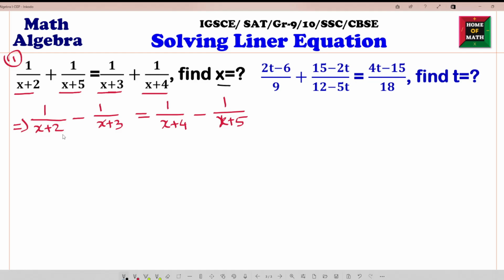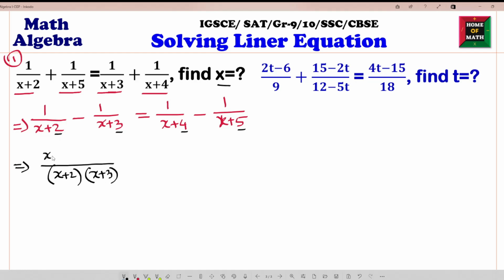Look, here is 2 and here is 3, here is 4, here is 5. We are just maintaining serial. You will understand a few moments later why we are doing like this. Now general LCM, so here x plus 2 and x plus 3 is the LCM.